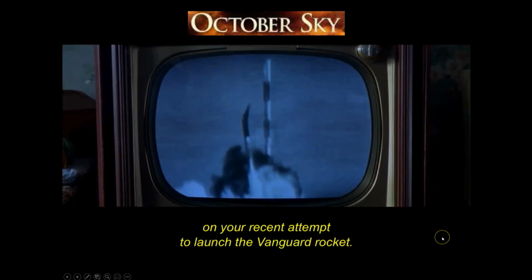That propaganda really is at the heart of the Cold War. We can do things better than you, we have more of this. So that was a very damaging blow to the United States. If you have seen the movie October Sky, which documents one individual's desire to build rockets and travel into space themselves perhaps, the rocket they see on their television is the Vanguard rocket.